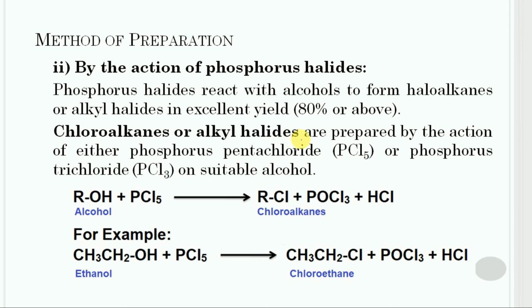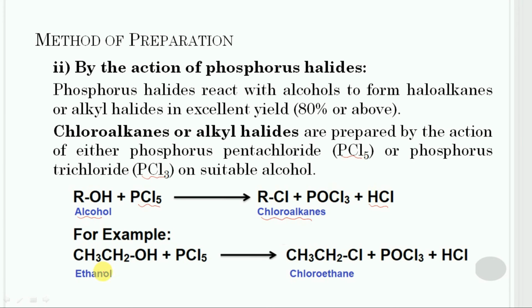These are prepared by the action of either phosphorus pentachloride or phosphorus trichloride on suitable alcohol. In this case, alcohol is treated with phosphorus pentachloride and chloroalkane will get formed along with phosphorus oxychloride and hydrochloric acid. These are the side products.